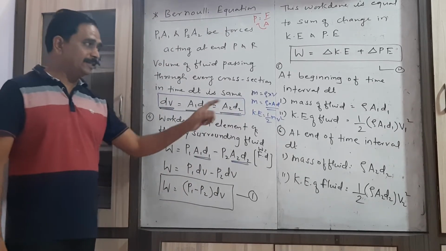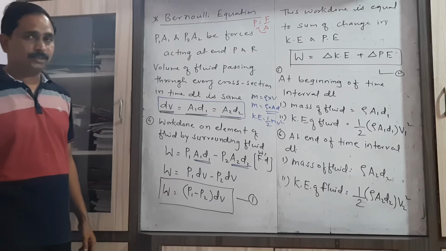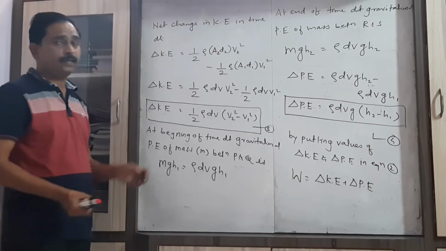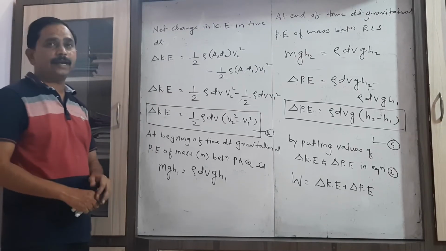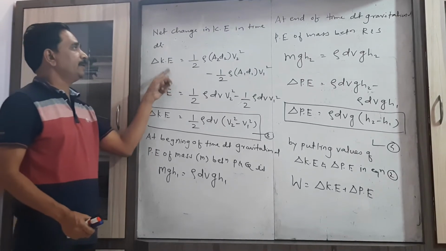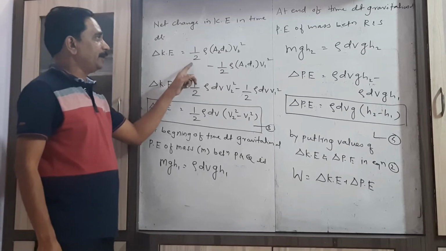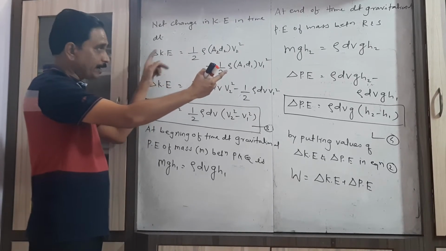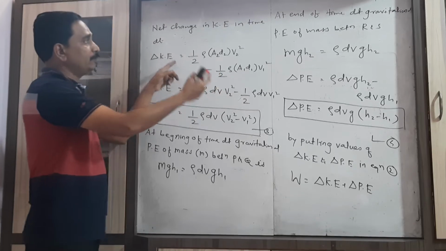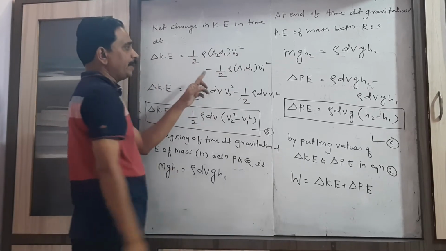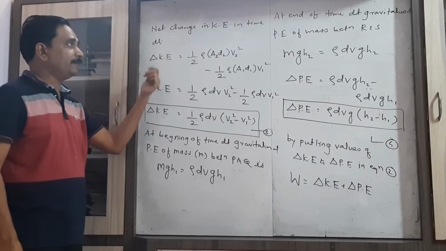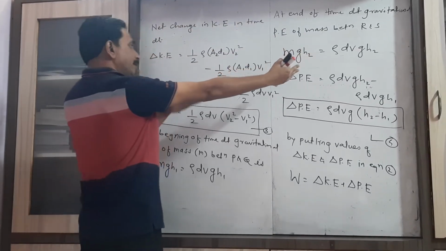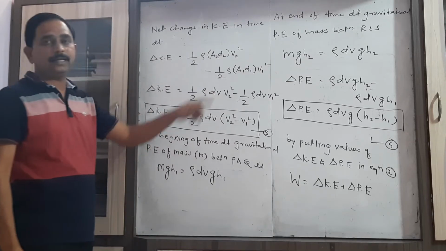Now we have to find the change in kinetic energy, which is the kinetic energy at the other end minus the kinetic energy at one end, that is kinetic energy at R minus kinetic energy at P.